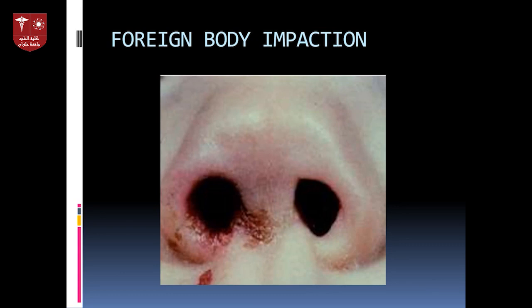When a mother takes her child to a clinician and says the patient has nasal discharge or nasal infection or nasal obstruction, usually if you are not foreign body minded, you can pass it as any infection in the nose.